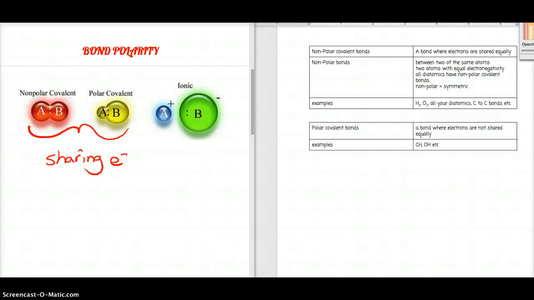Now remember, electrons are negatively charged, so if the electrons are slightly closer to the guy who has the higher electronegativity, that side of the molecule becomes slightly negative, and we can call them molecules because they're covalently bonded. If you recall, covalently bonded substances are called molecules, and ionic are called salts.